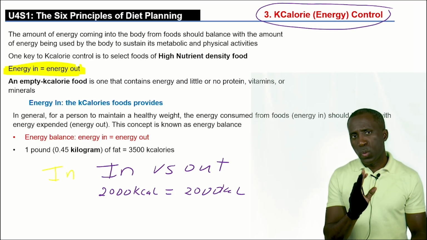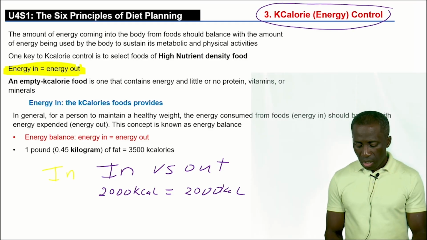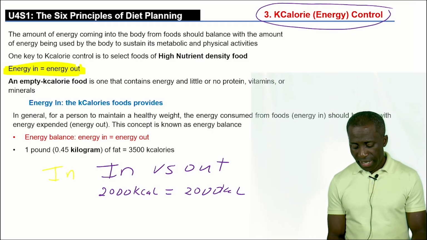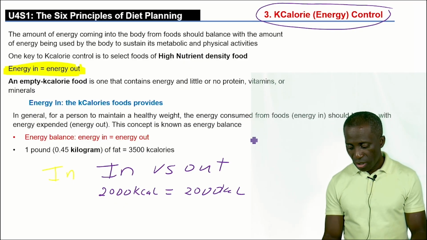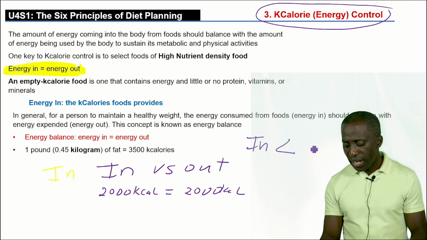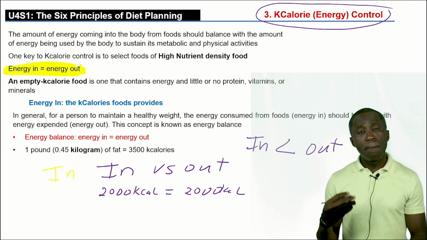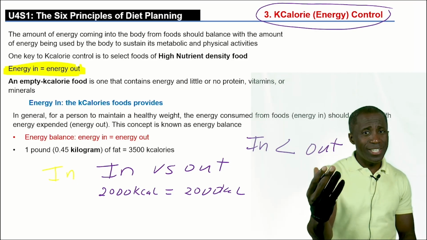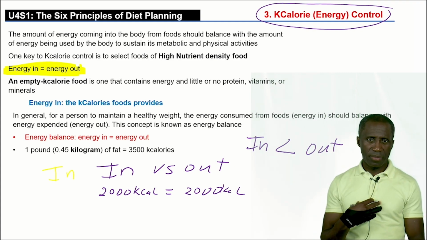If you want to lose weight, what we want to make sure is that the energy in is inferior to energy out, meaning that you must lose more energy than you put in the body.